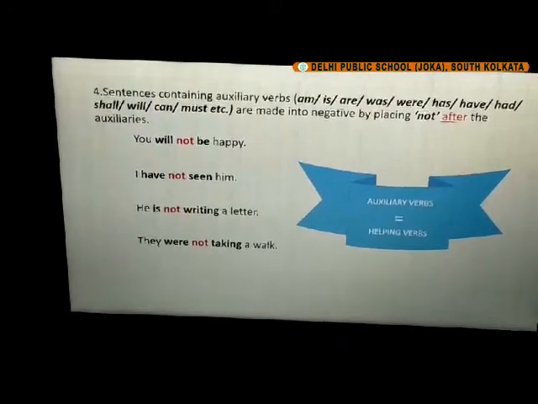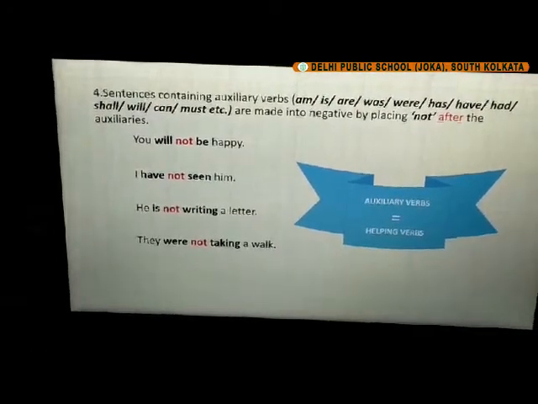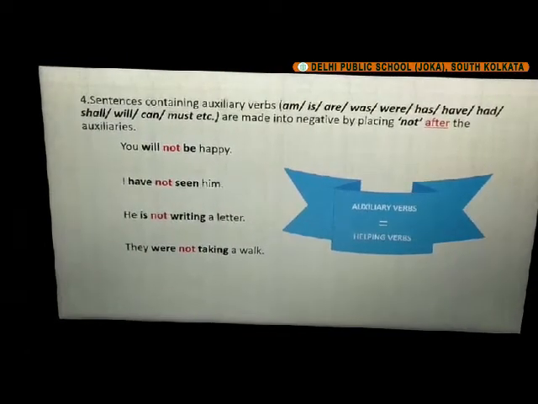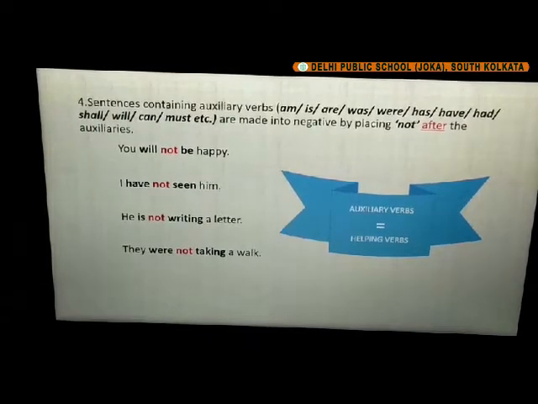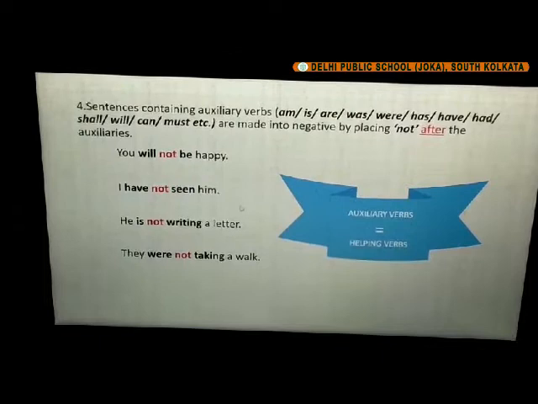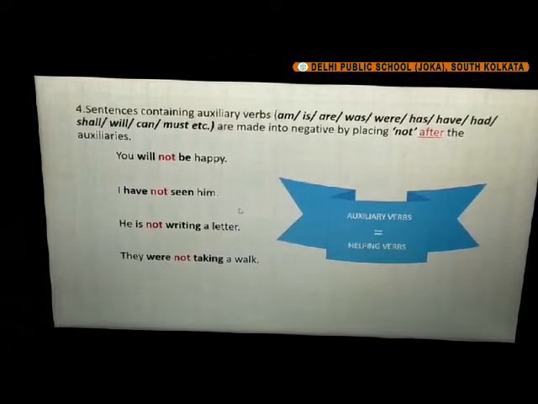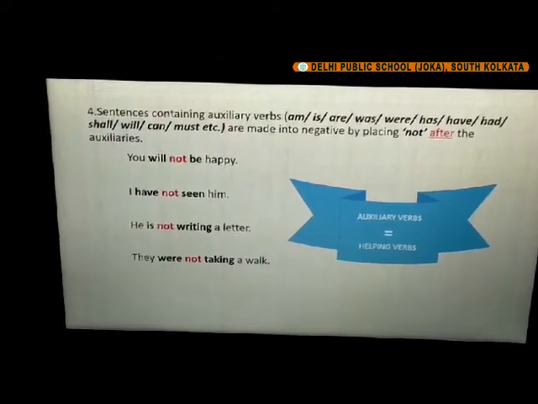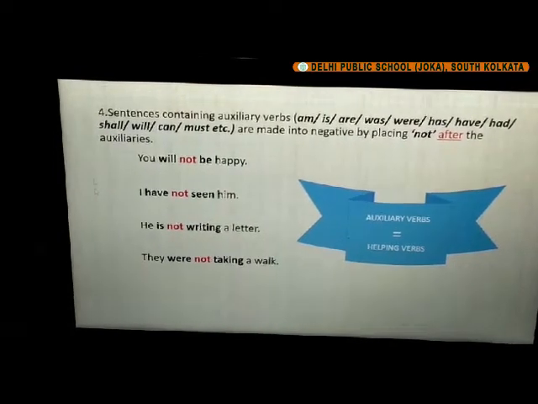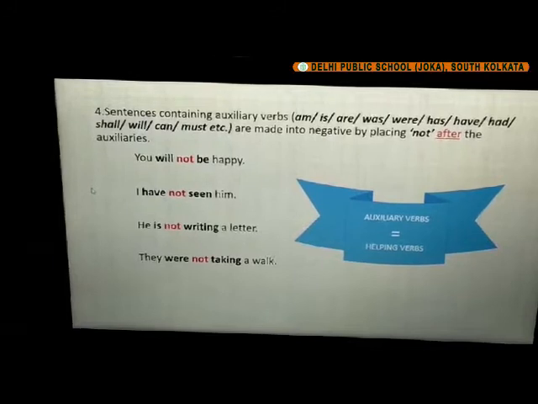Coming to the fourth rule, sentences containing auxiliary verbs are made into negative by placing not after the auxiliaries. Now, what are auxiliary verbs? They are the helping verbs. They are verbs which support the main verb. Now, suppose I give you a sentence, you will be happy.